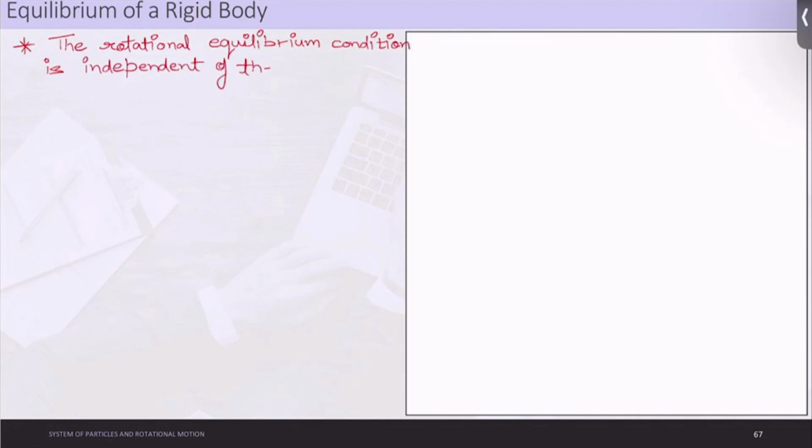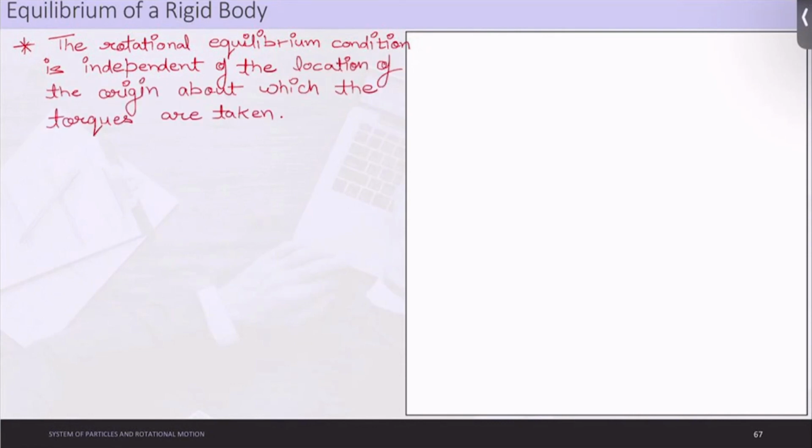It has been found that the rotational equilibrium condition is independent of the location of the origin about which the torques are taken.